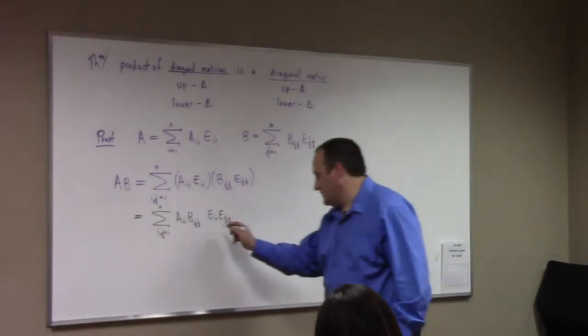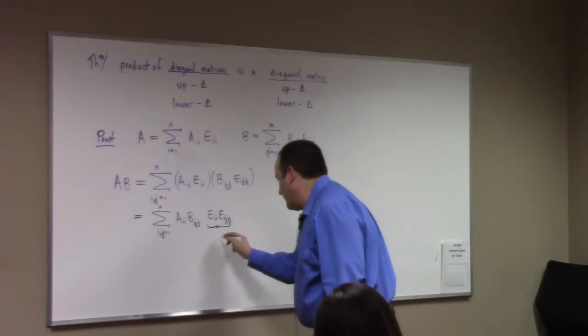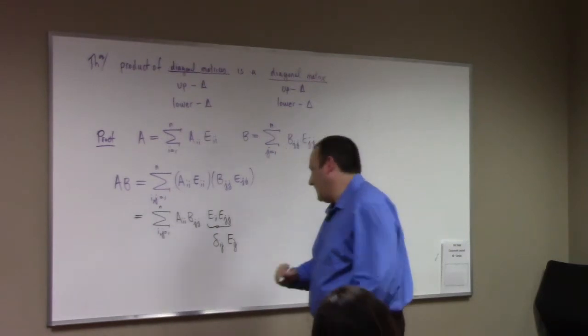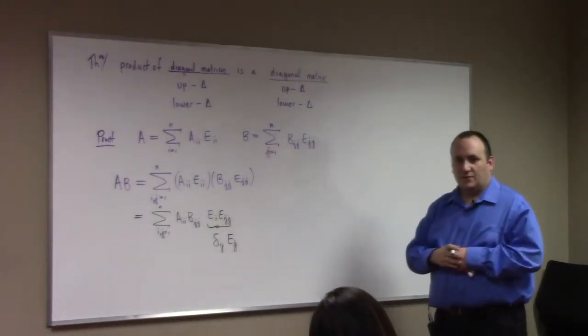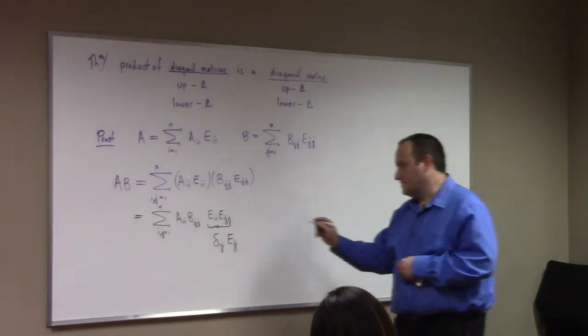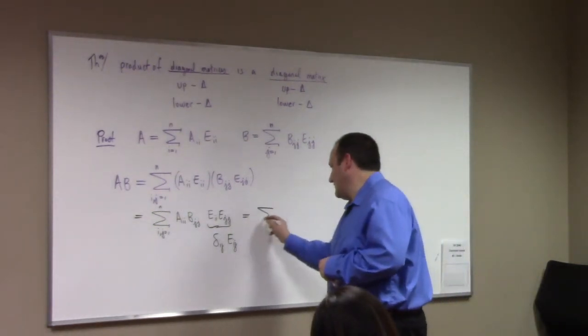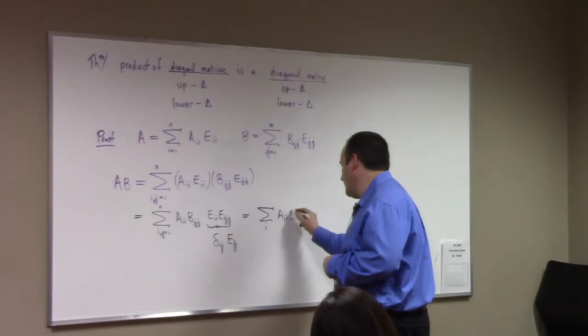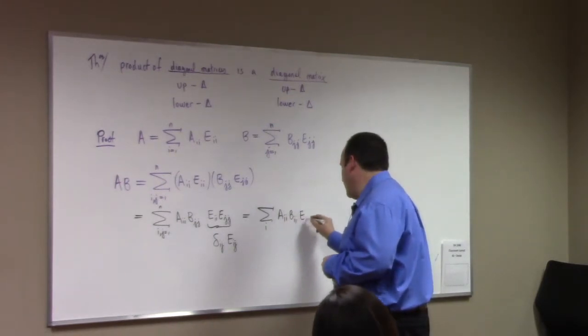Well, I'll tell you what that is. By our theorems, that is Kronecker delta ij, because the middle, times eij. So that makes i equal to j. So what do we get? We get the sum over i of A_i B_i E_i.